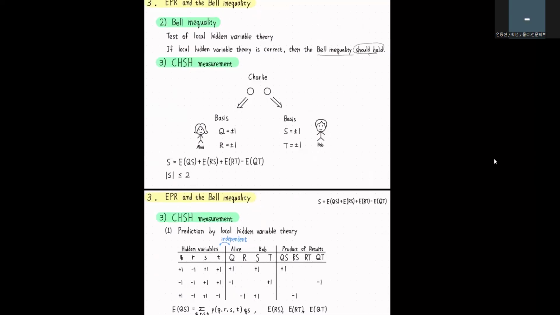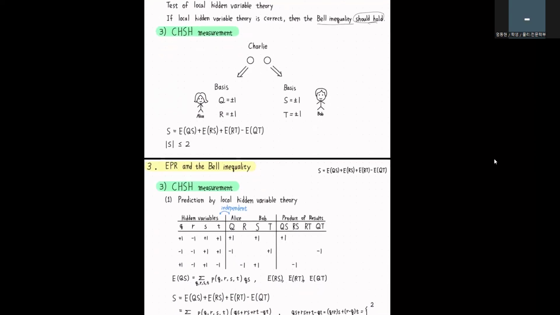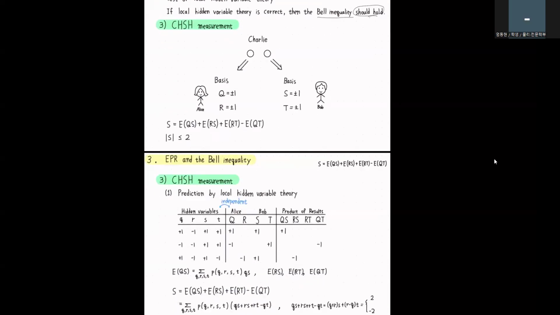So Bell's inequality uses what are called CHSH measurements, in which, let's suppose we have this third party, Charlie, that generates two particles of different states and gives each one to Alice and Bob.